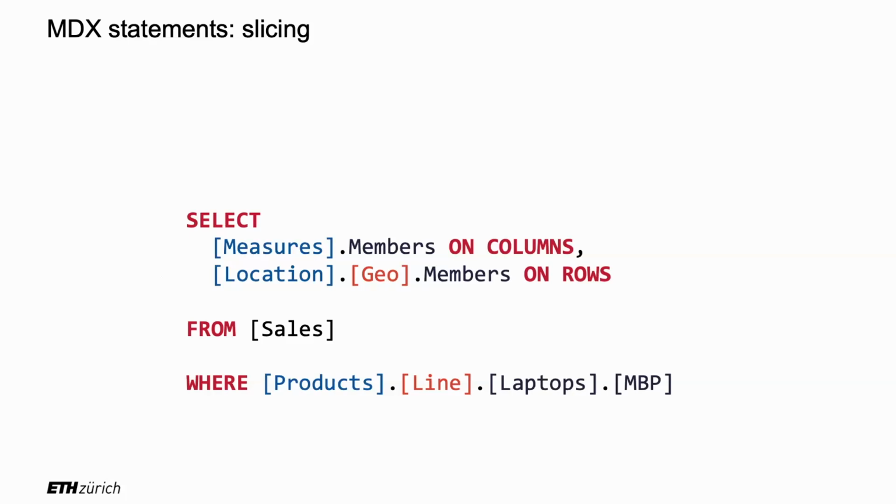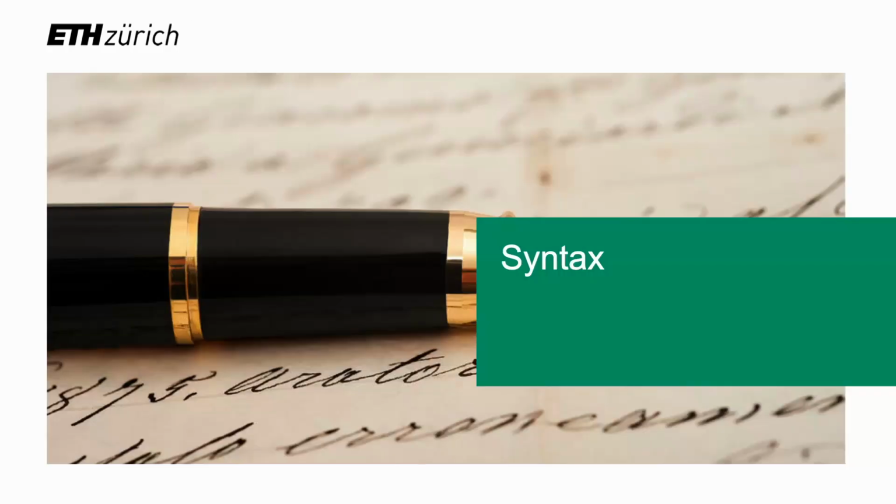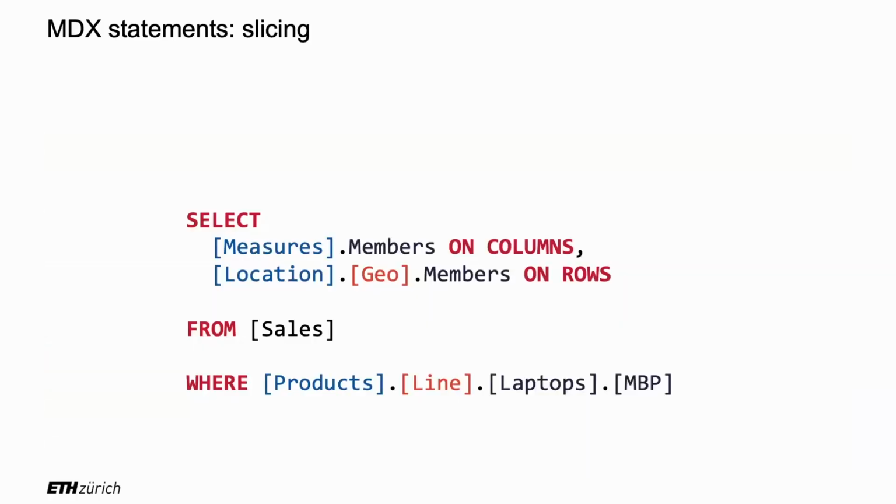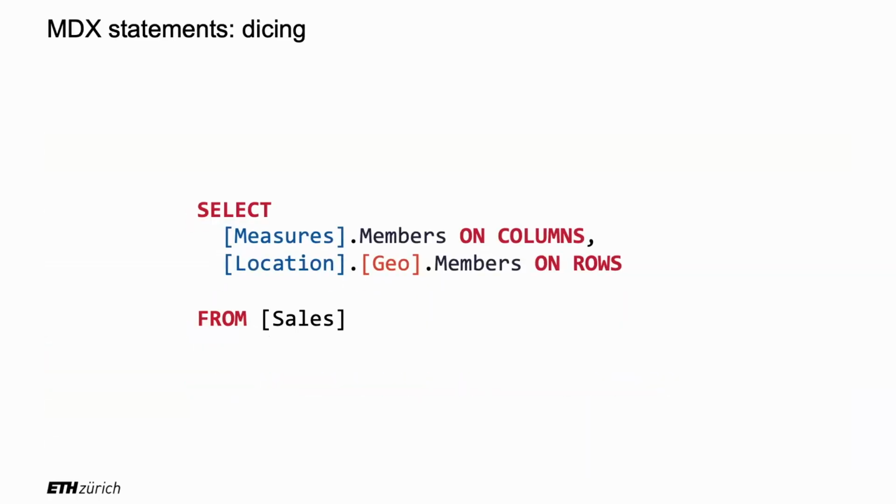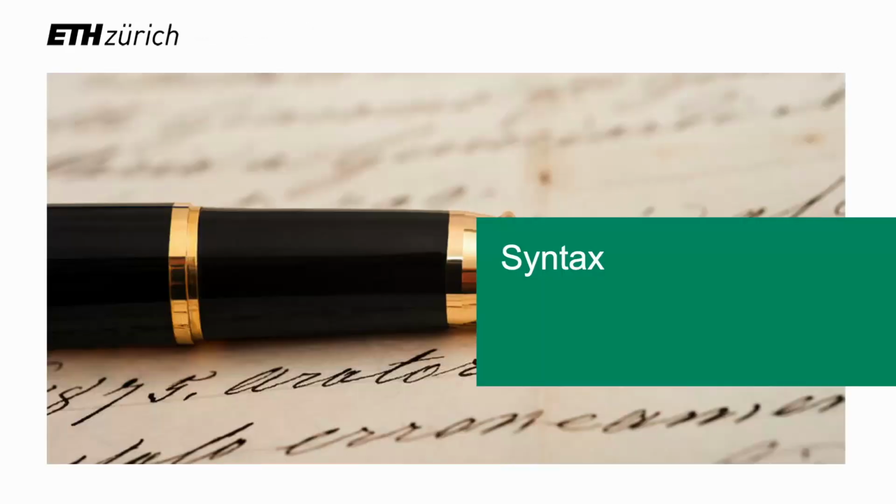Country by country, for example. Okay, so that's MDX, just so that you get an impression, but again, you don't have to learn it. I'm just telling you it's there. I think it comes from Microsoft Analysis Services, the MDX, and it has been adopted by some vendors as well. All right.